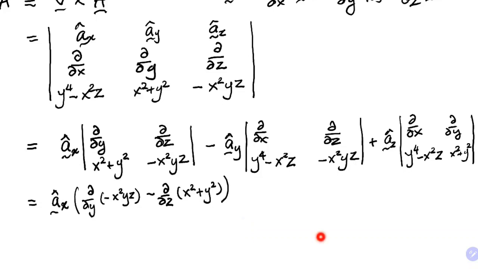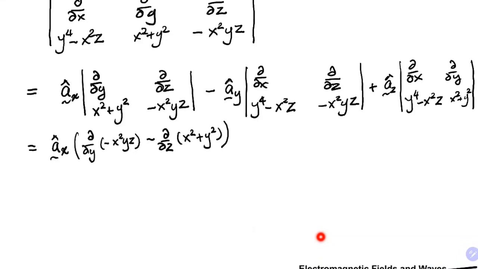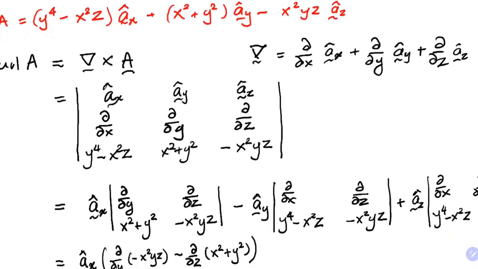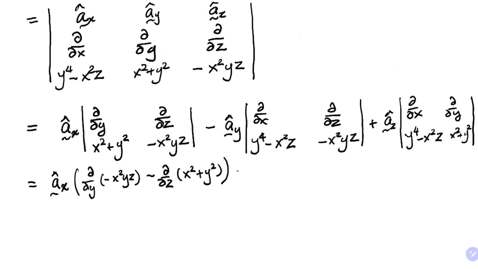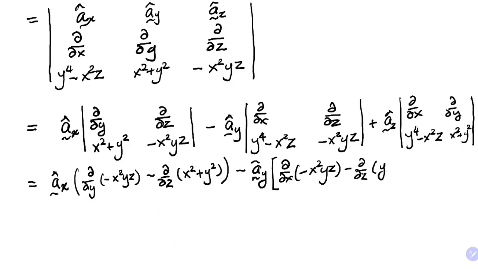Follow so far? Okay, so the next one, minus unit vector y, del over del x of minus x squared y z, minus del over del z of y to the 4 minus x squared z. And then the last one, plus unit vector z.